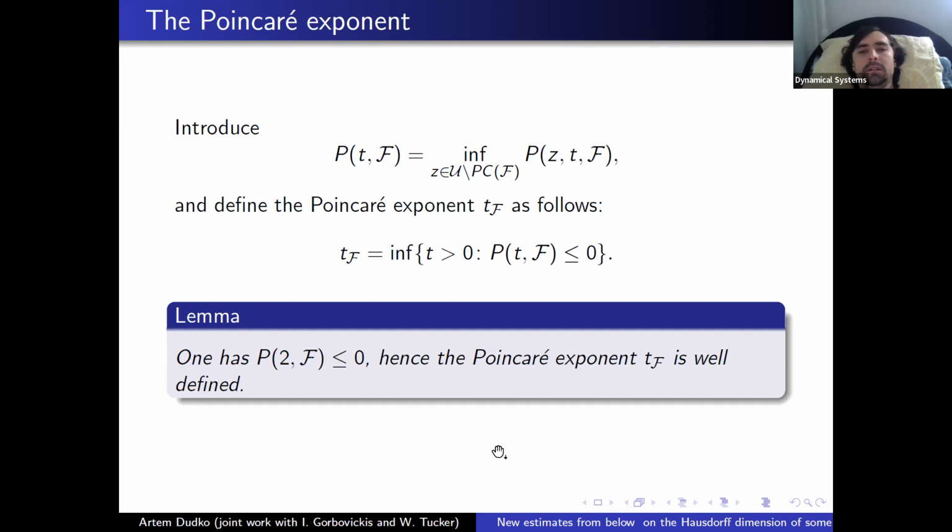And using some area argument, it's not hard to show that P of 2 is always less or equal to 0, because 2 corresponds to calculating pre-images of areas of a given disk. So it's not hard to show that Tf is well defined.